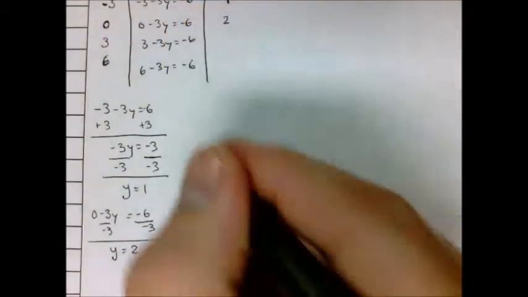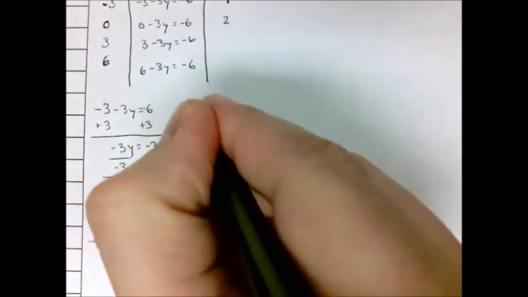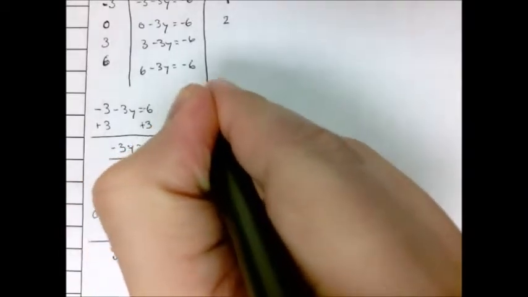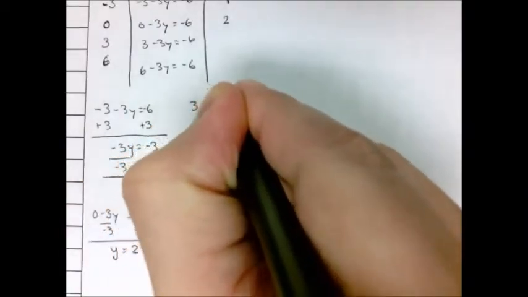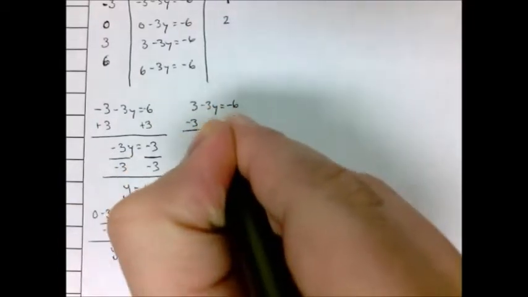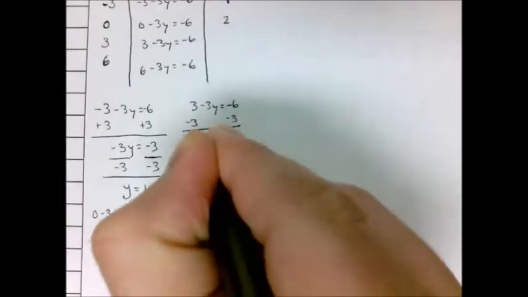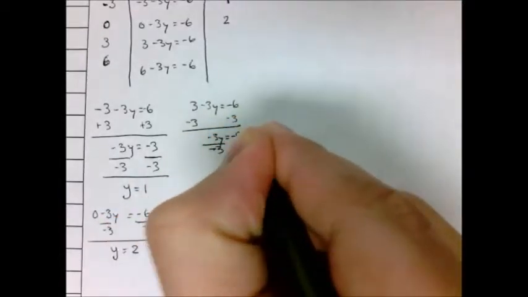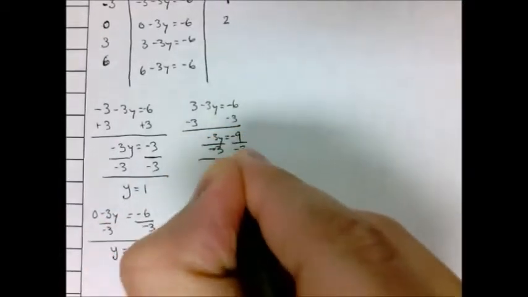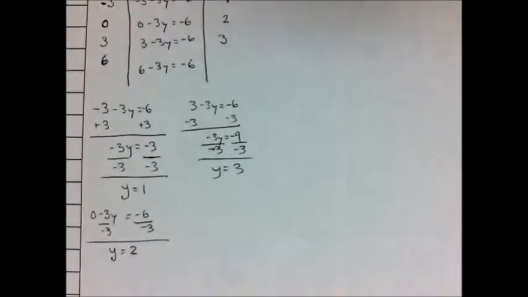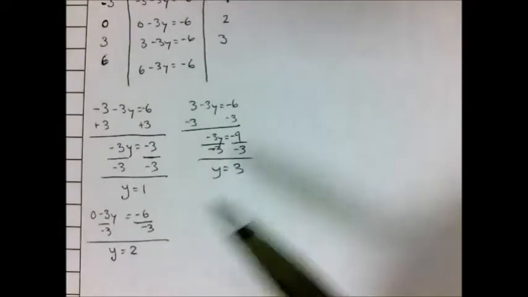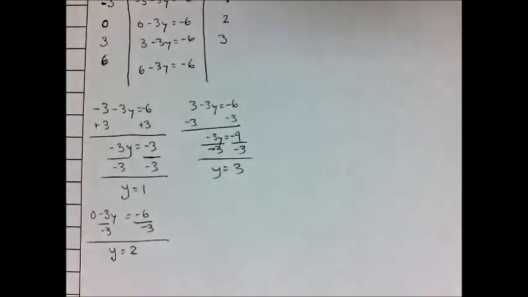Now do the same thing, but now x is equal to 3, so we get 3 minus 3y equals negative 6. Subtract 3 from both sides. Negative 3y equals negative 9. Divide by a negative 3 on both sides. And we get y is equal to 3. And we can see a pattern is being made here that every time we put in an x, we end up getting one step further, right?